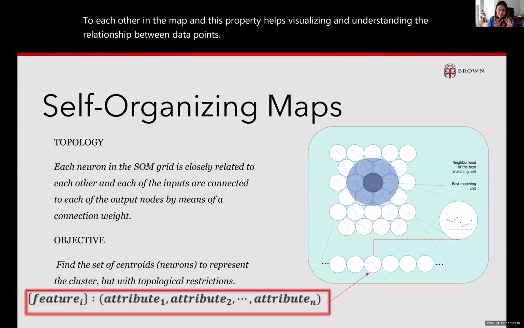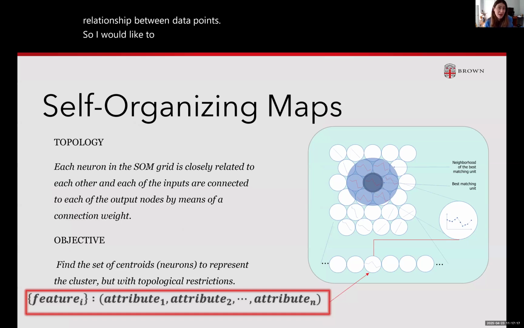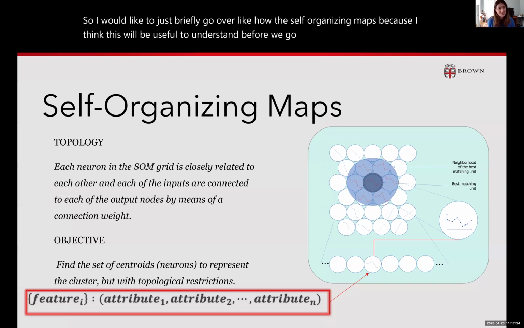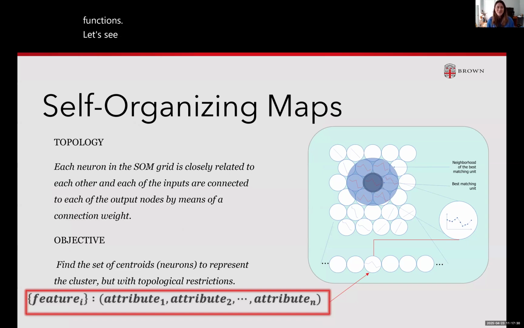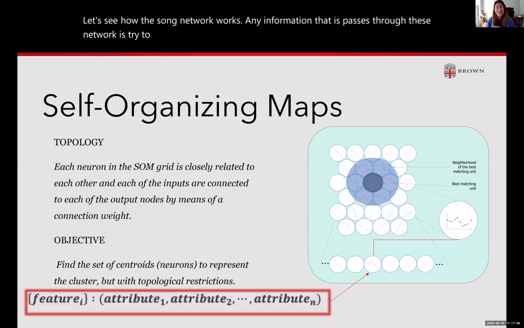So I would like to briefly go over how self-organizing maps function, because I think this will be useful to understand before we go over the notebook itself. Let's see how the SOM network works. Any information that passes through this network is tried to be understood by neurons.